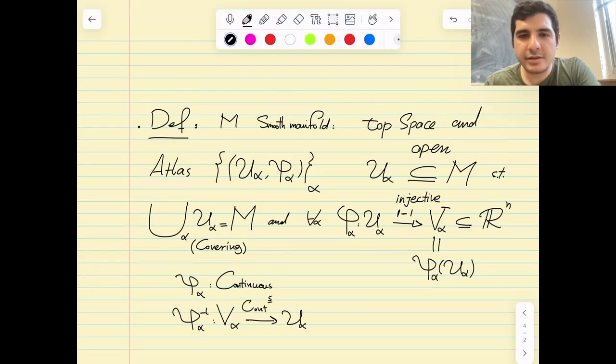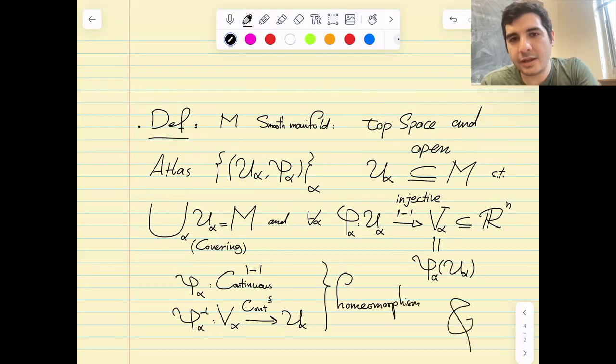In topology, we call these maps homeomorphisms. One-to-one continuous with continuous inverse is called a homeomorphism. So we have a collection of homeomorphisms. Locally, each open set is homeomorphic to an open subset in Rn.